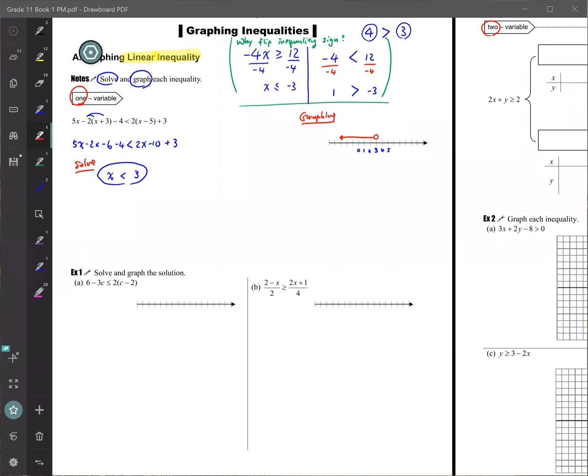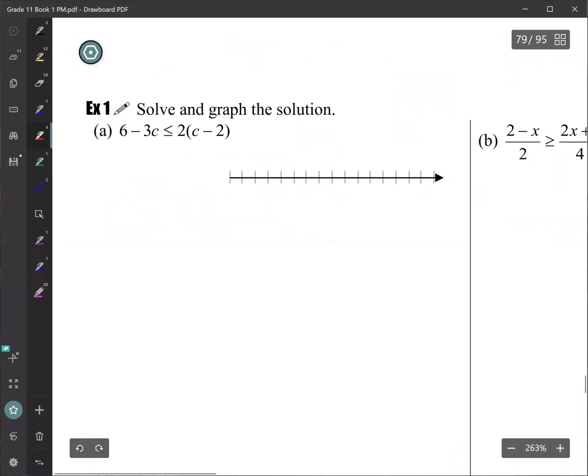And please pay attention that question A has an equal sign, right? Less or equal.